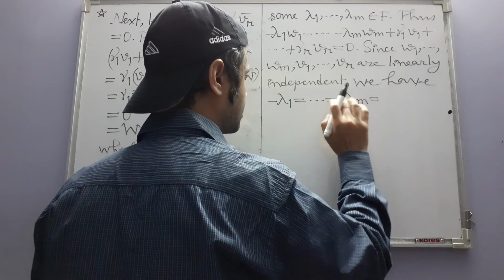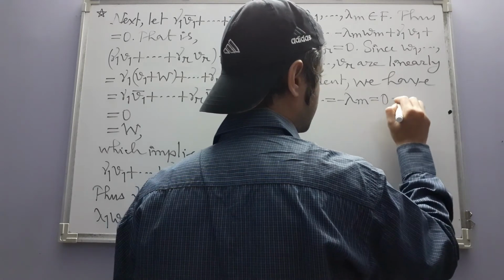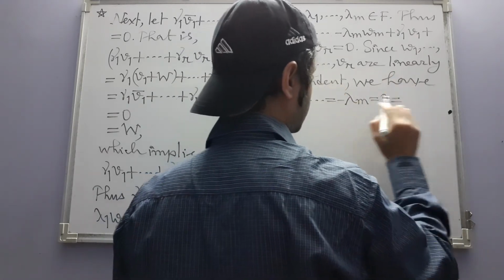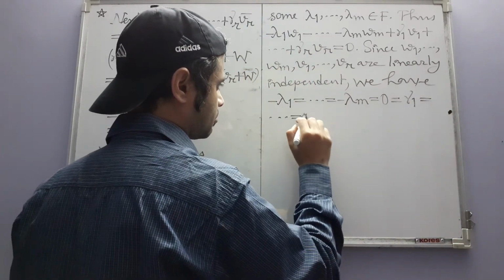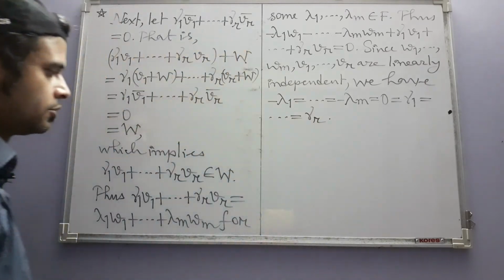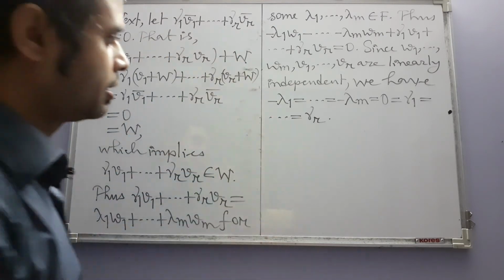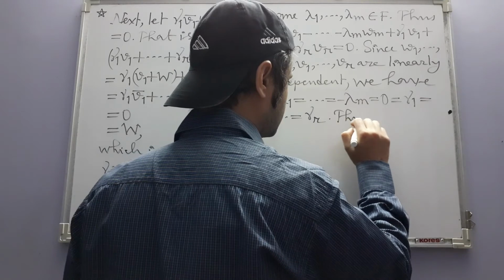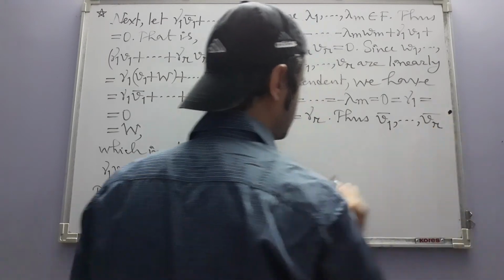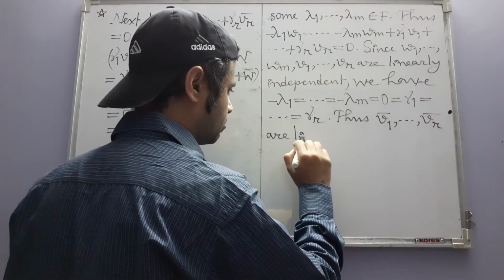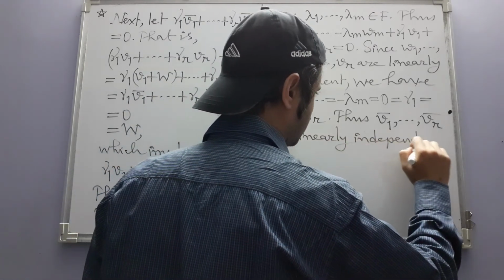The negative lambdas are going to be 0, which however we do not bother about them. Our concern are the gammas. So we needed to show that the gammas are all 0, and now we have shown that they are 0. Thus, these are linearly independent.